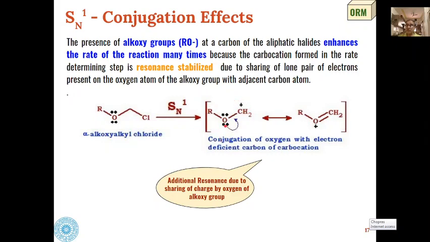And because of the presence of lone pair of electrons on this oxygen, these can be shared with this carbon to form this oxygen-carbon double bond.